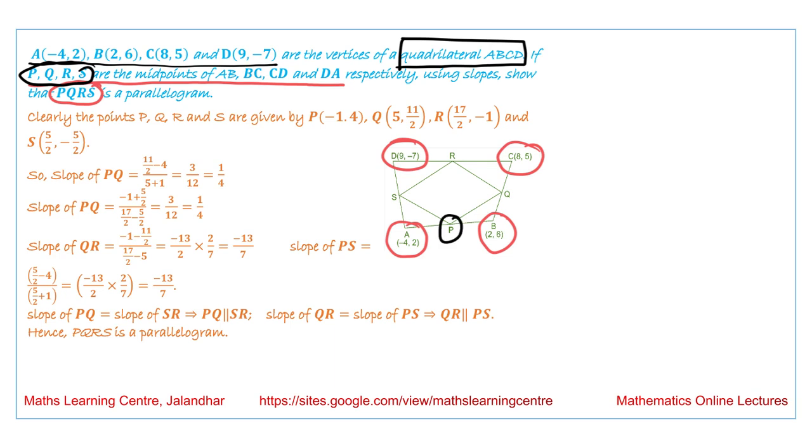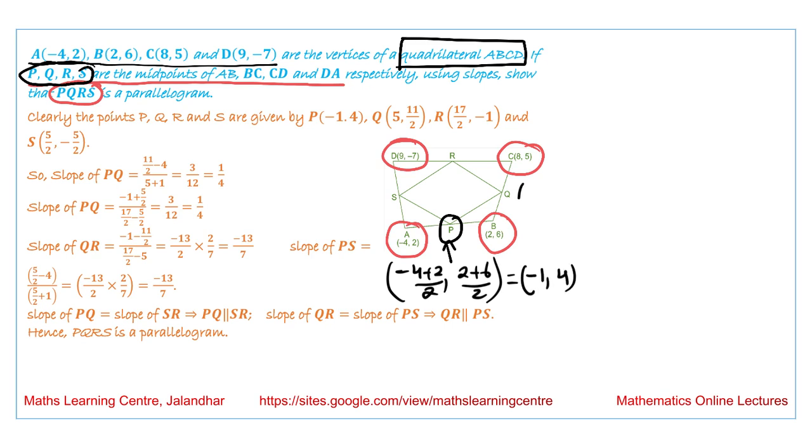So this point P, if we calculate the coordinates of this point, it is ((minus 4 plus 2) by 2, (2 plus 6) by 2). The answer we obtain is minus 1 comma 4.